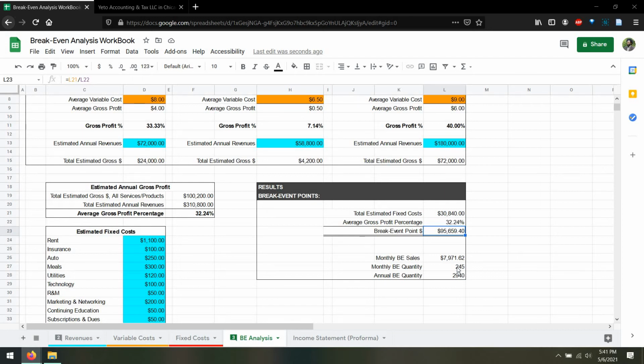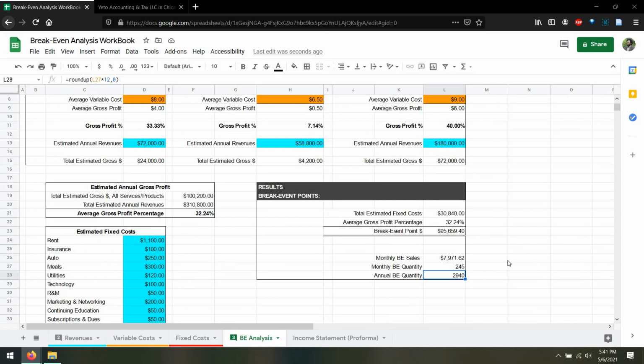And you need to sell at least 245 units per month and 2,940 units, a combination of all these, per year before you start breaking even.